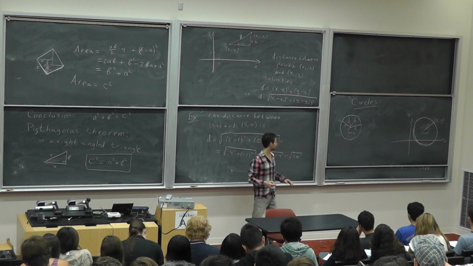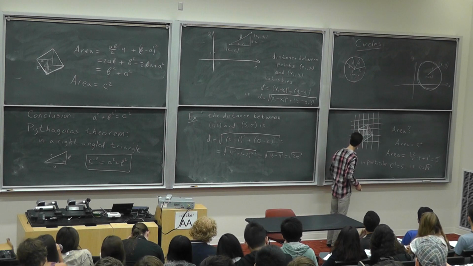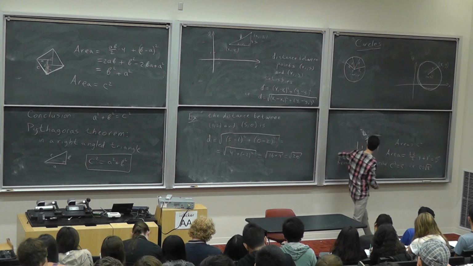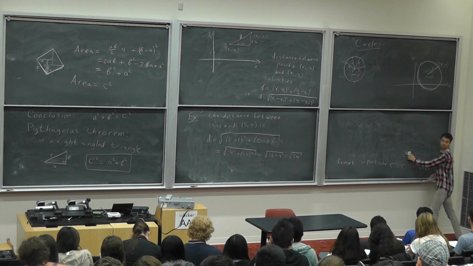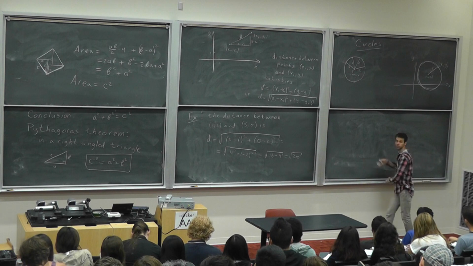Well, the point lies on the circle exactly when the distance from this point to the center is equal to r. Let's rewrite it algebraically.